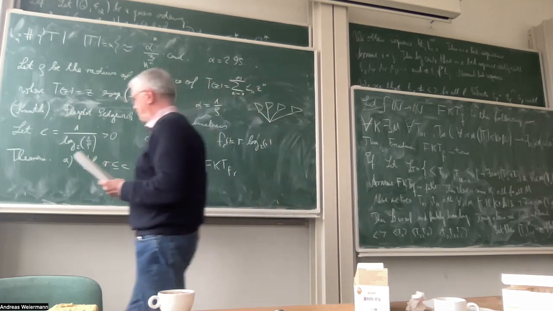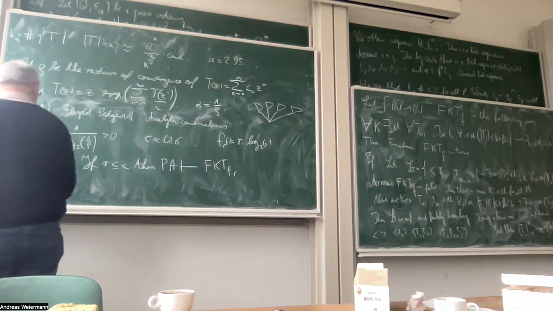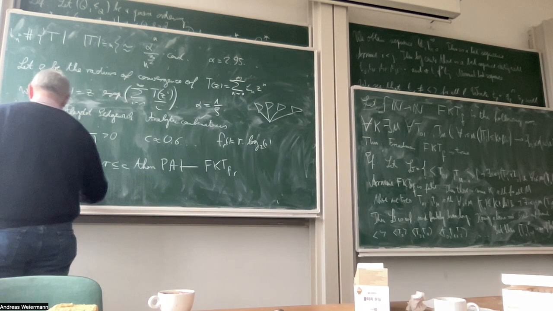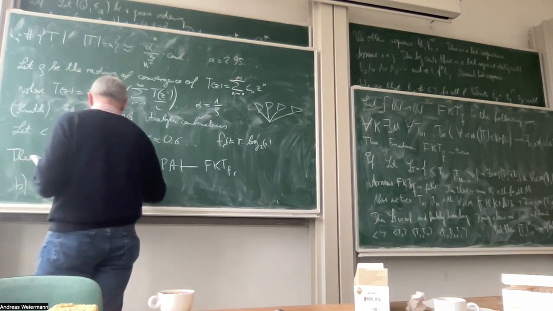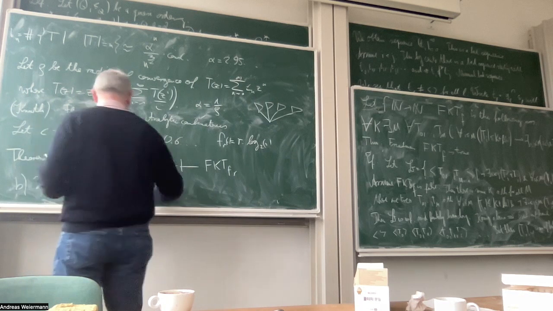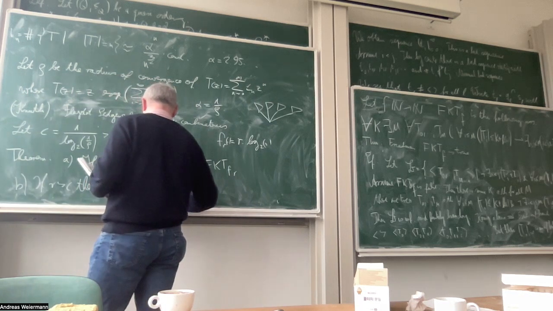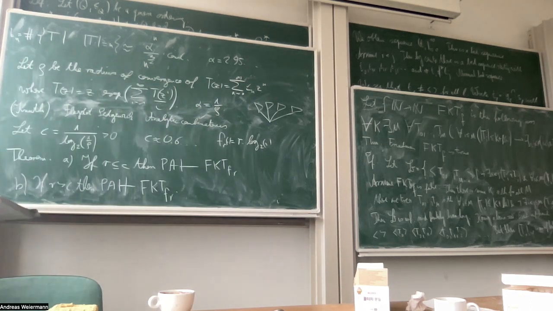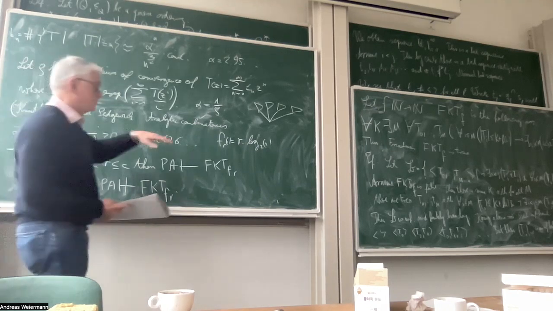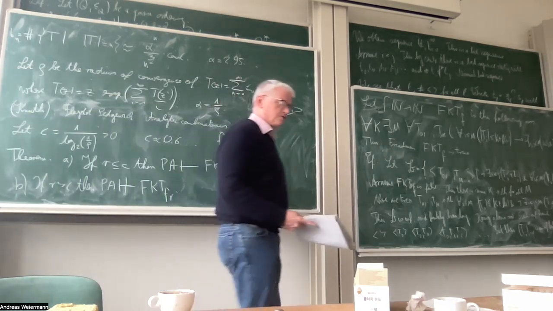And B, if R is bigger than C, then A does not exist. And that's basically what we want to show in the rest of the lecture. But you see here, there's one constant where there's this threshold between slow growth and big growth, and it comes from the function times binary log.